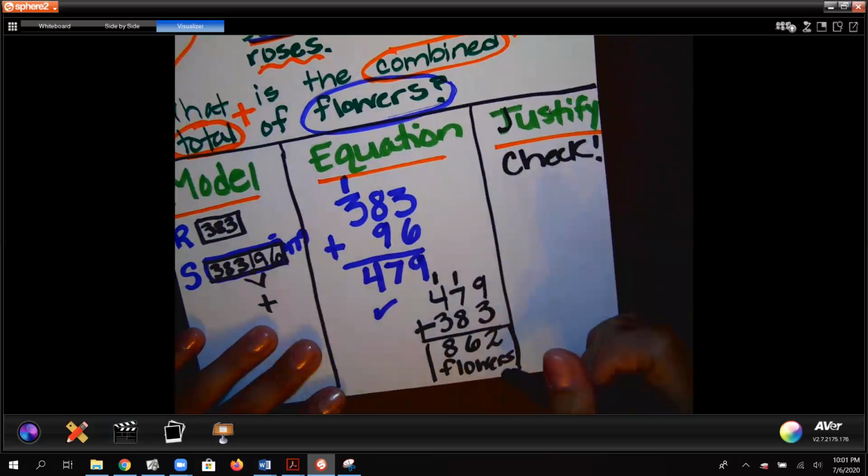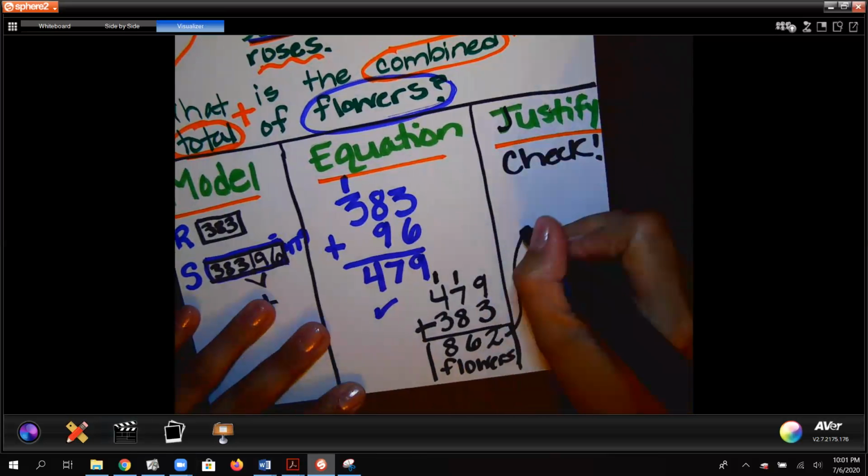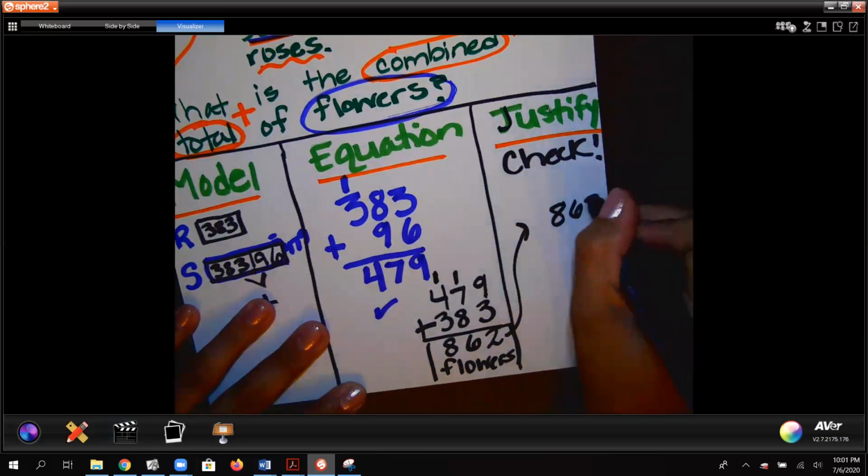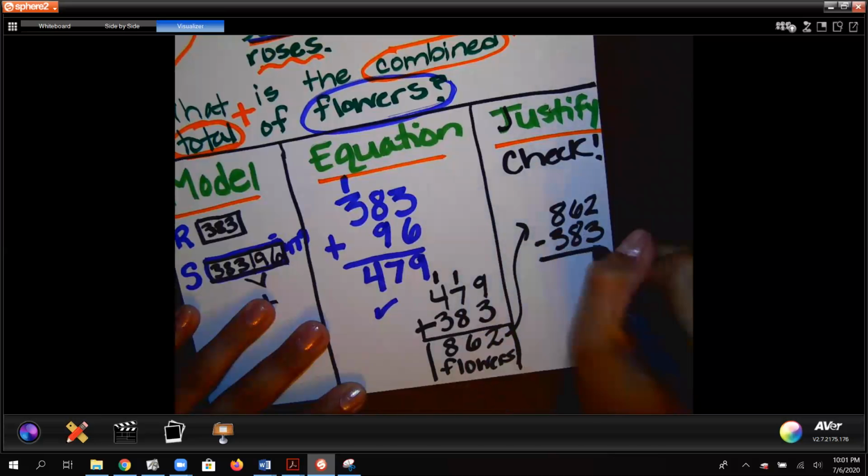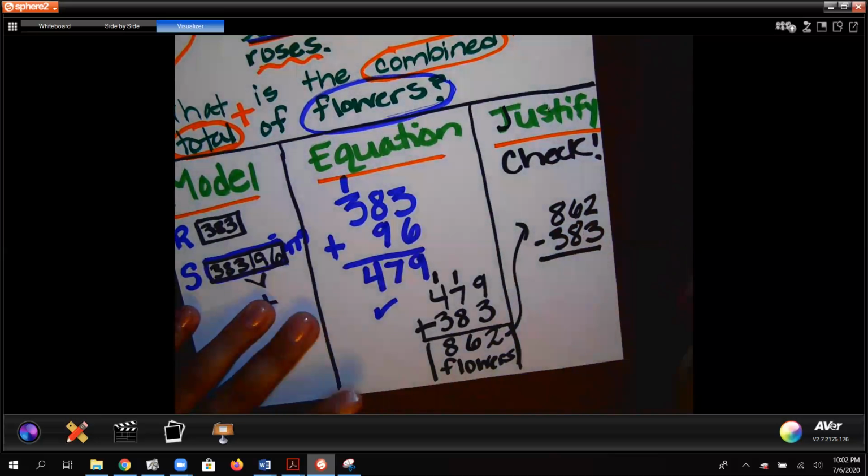So if I work backwards up here, so if I do 862 minus 383, that should give me 479. If it doesn't, then ding, ding, that lets my brain know, uh-oh, something's wrong, and I have to go back and check. So let's see if we got that right.